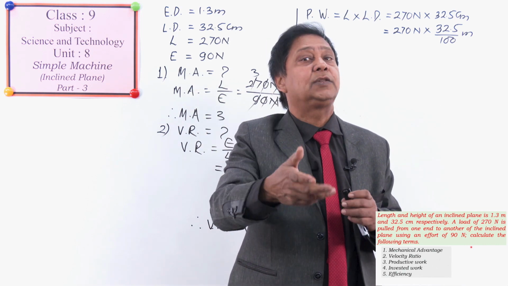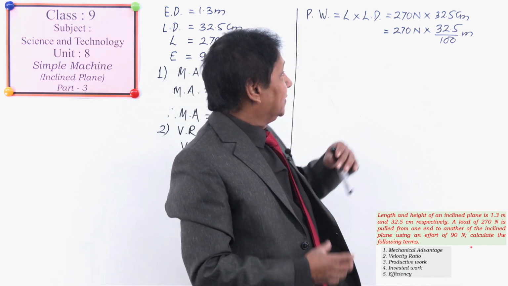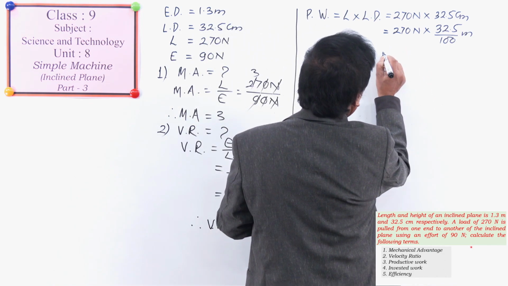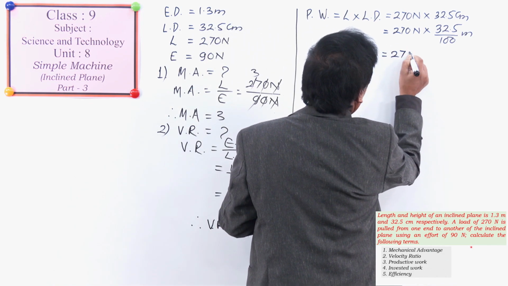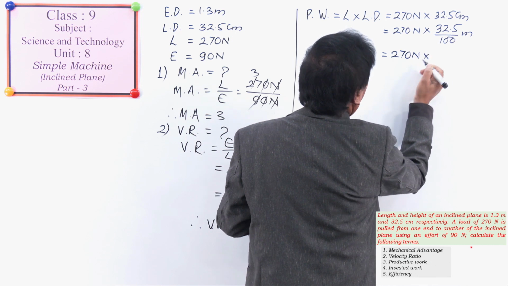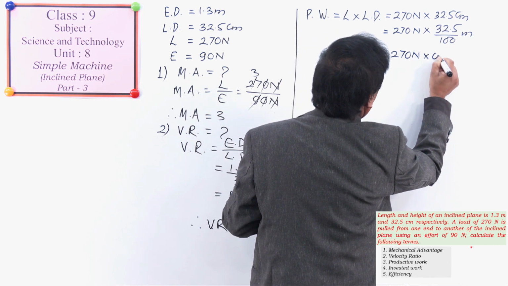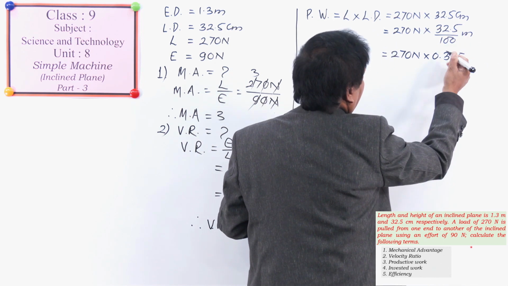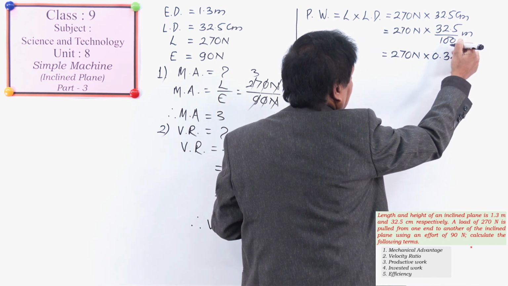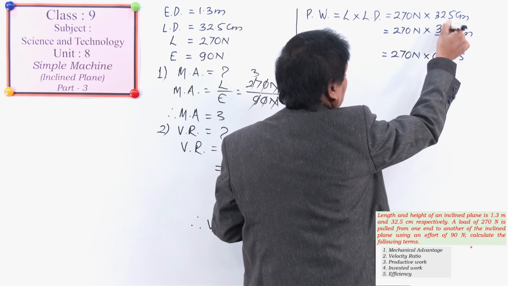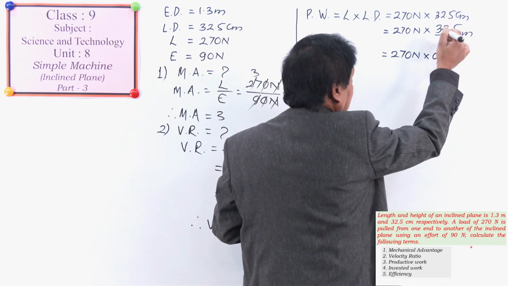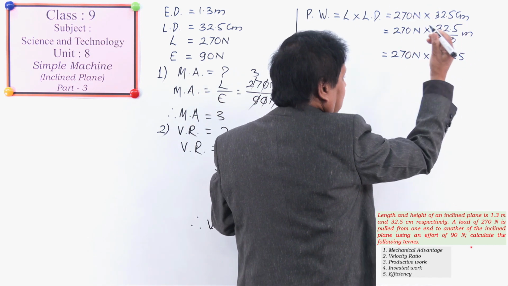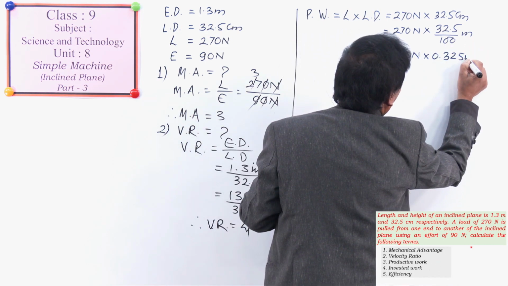That's why I'm dividing by 100. Now if it is divided by 100, then you will get 0.325. I can write this very easily. If we shift, the decimal point moves 1 digit to the left hand side. If we shift another, the decimal point moves another digit. But you can use the calculator.